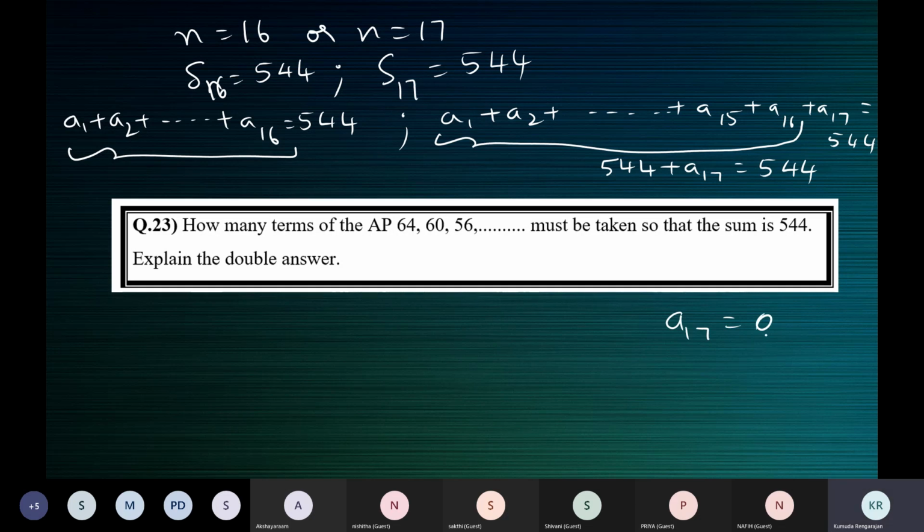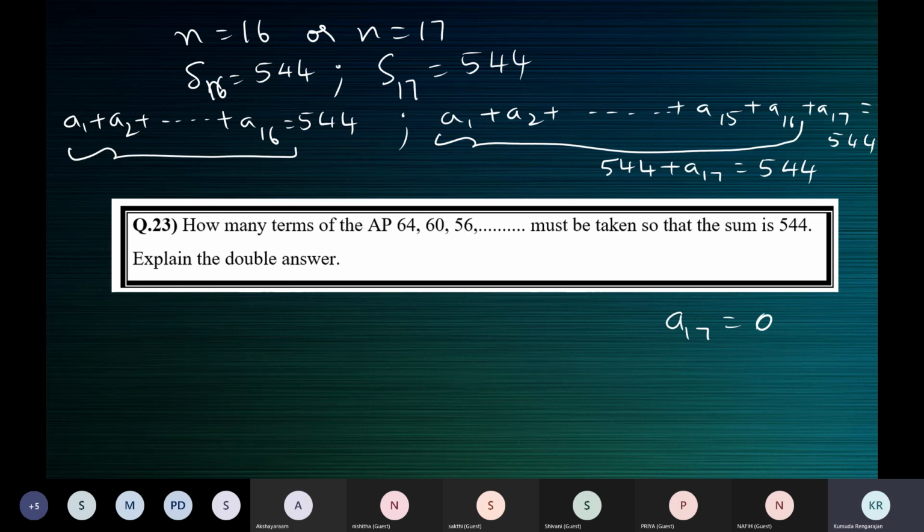This is because the 17th term is 0. Just think for yourself. The sum of the first 16 terms is 544. If the sum of the first 17 terms also is 544, then the 17th term should be 0. Only then you will get the same sum. Now, supposing you have the sum 5, how will you get the same sum again by adding something? By adding 0.